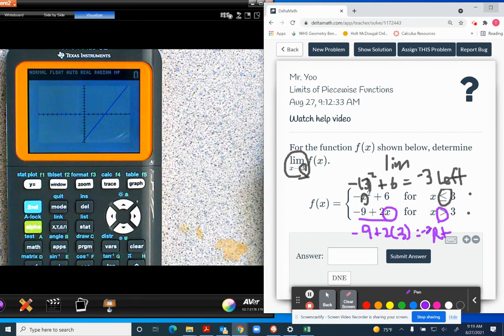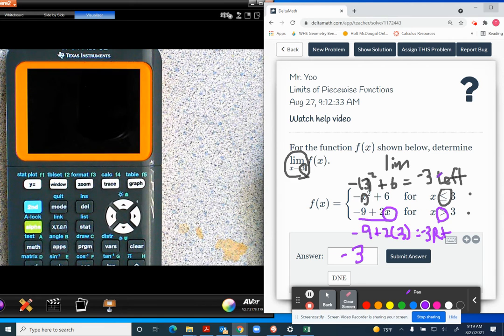All right. So what do you notice about the left side and the right side? They are matching. So if they're matching, do you have a limit? Yes. What is your limit? -3. If they're not matching, do you have a limit? No. Then limit does not exist.